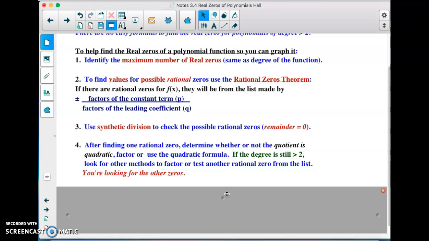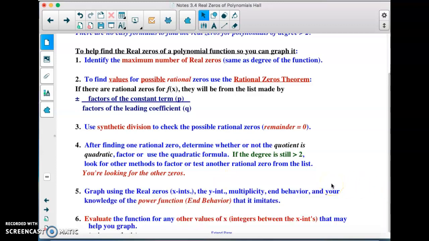Factor or use the quadratic formula if it's quadratic. How do you know if it's quadratic? The exponent now is 2. Once you use a rational zero, you drop the exponent down 1. But if the degree is still greater than 2, look for other methods to factor or test another rational zero from the list. You're looking for other zeros.